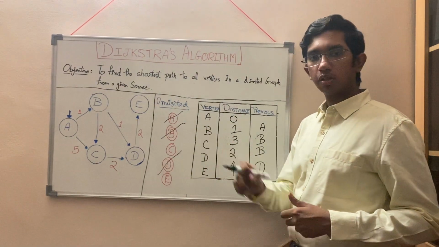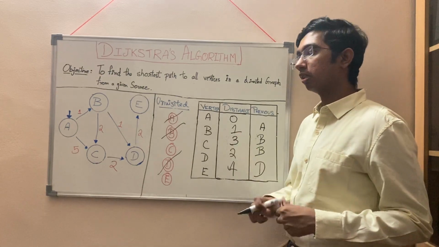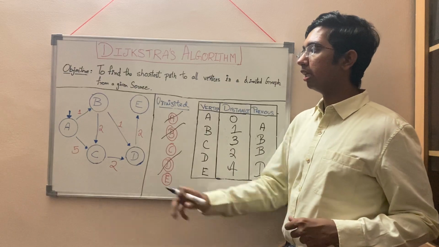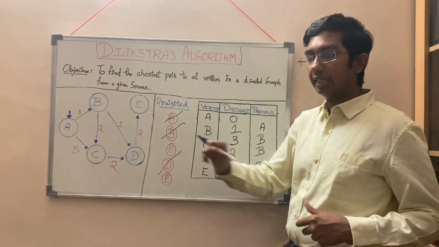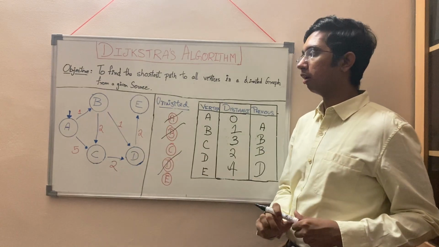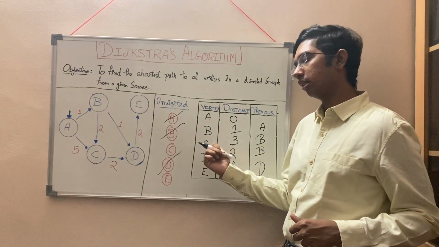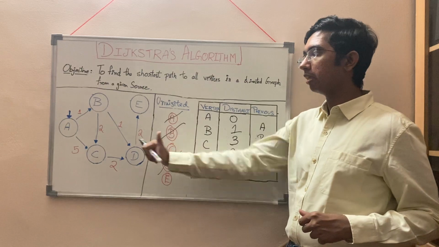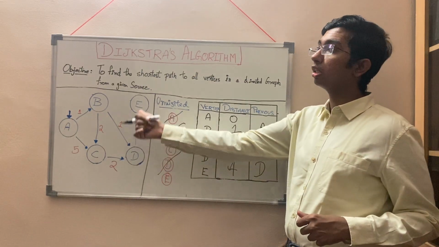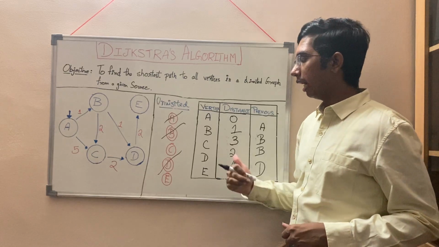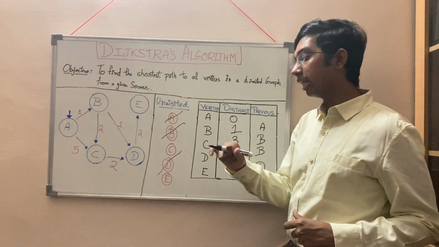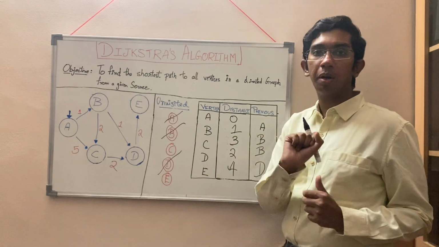We move on to the next, which is going to be C in our case with a distance of 3, which is less than the value for E. C currently has only one neighbor, which is D. D is at a distance of 2 from our source vertex, and at the same time, D is at a distance of 2 from C. The distance of C is 3 from the source, and hence the total distance is now going to be 3 plus 2, 5, which is greater than the existing distance, and hence we are not going to update that.